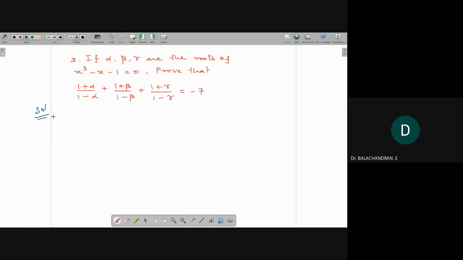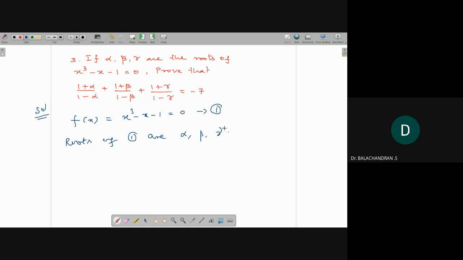Solution. So what is given? f of x is equal to x cube minus x minus 1 is equal to 0. So this is equation number 1. So roots of equation 1 are alpha, beta, gamma.